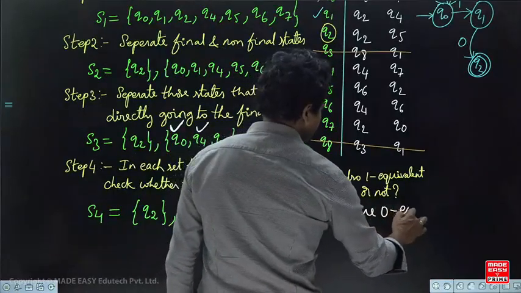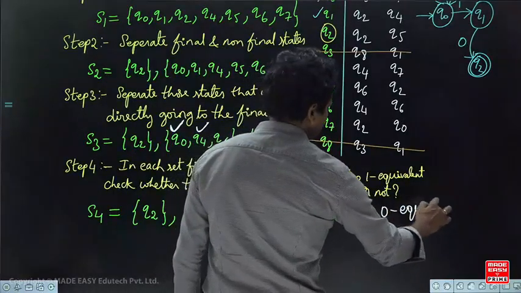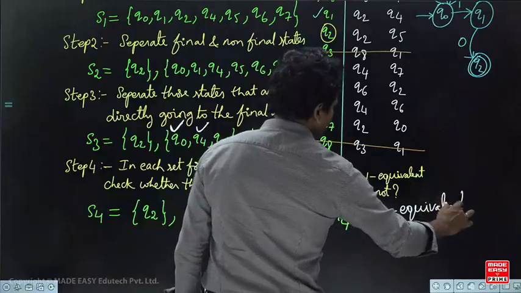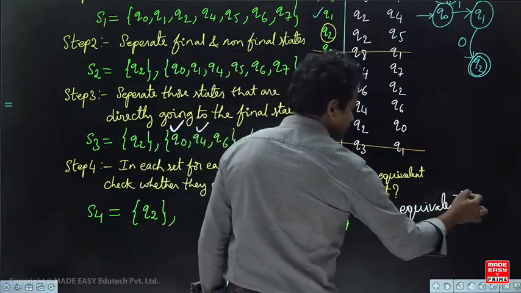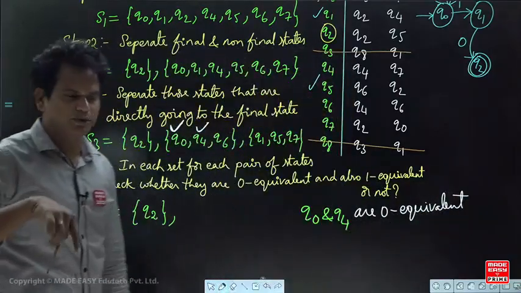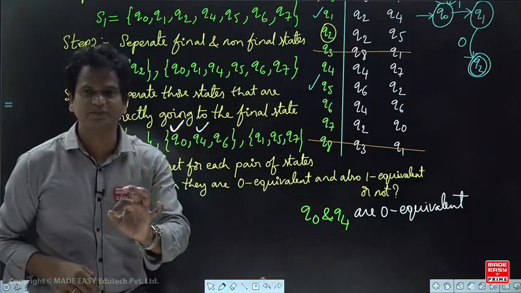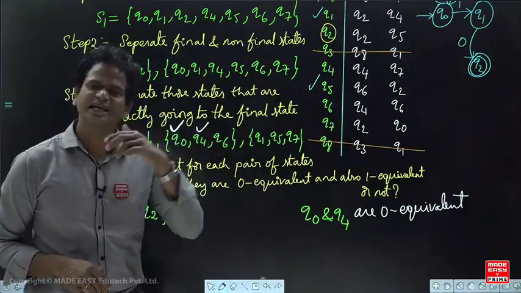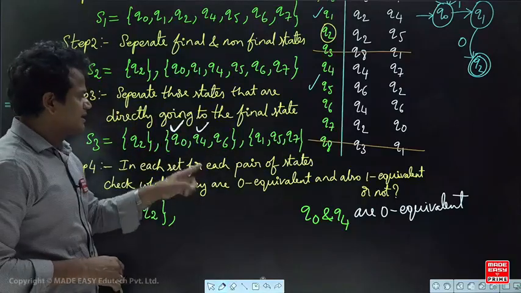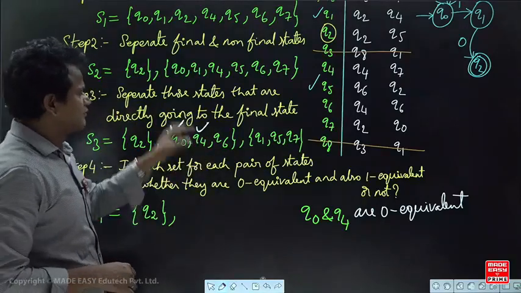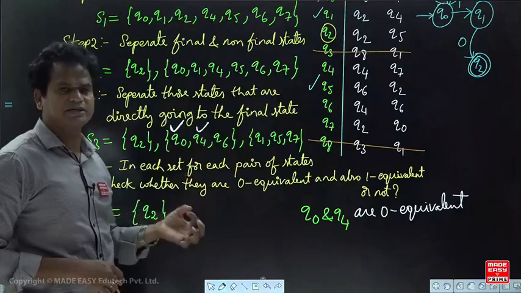If they are zero equivalent, then check for the 1 also. For input 1 also, are the outputs of Q0 and Q4 in the same set? Any set. It doesn't mean that because for 0 the outputs are here, for 1 also the output must be in the same set.